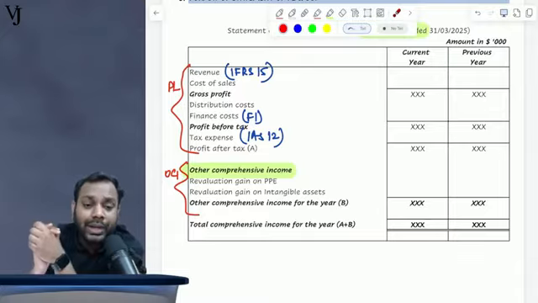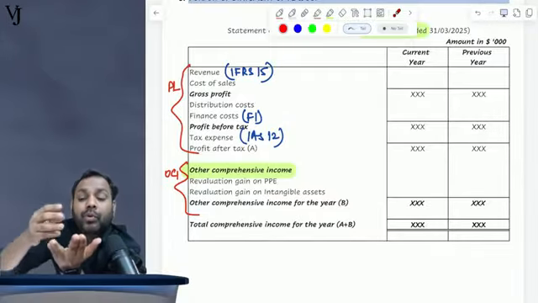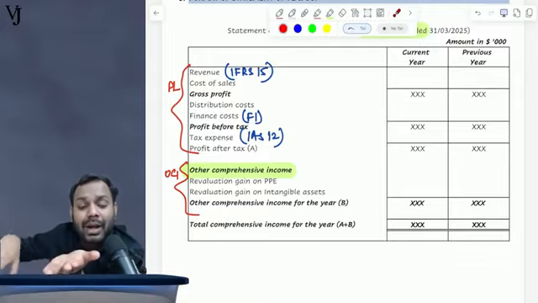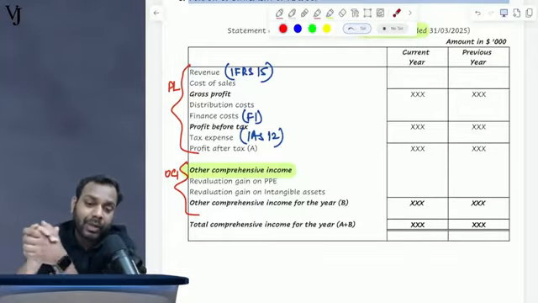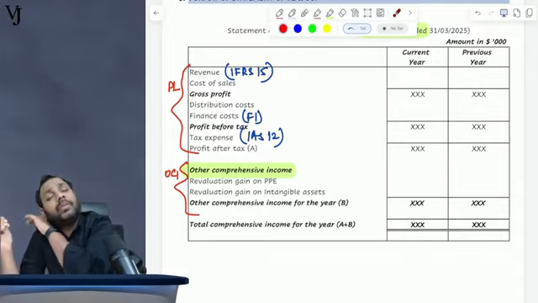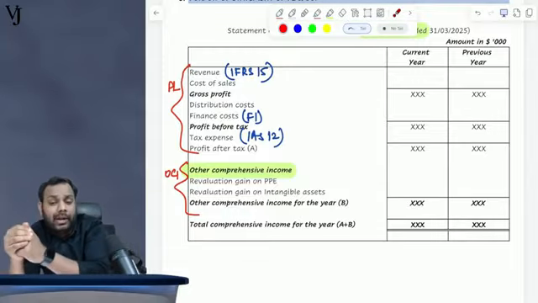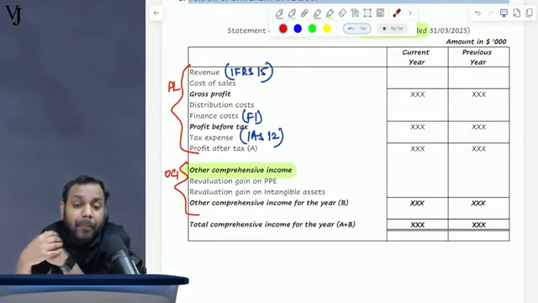Whenever they wanted to increase profitability, they would post all expenses in other comprehensive income and all profit in P&L. Whenever they wanted to reduce profitability, they would post all expenses in P&L and all incomes in other comprehensive income. So they will misuse it.